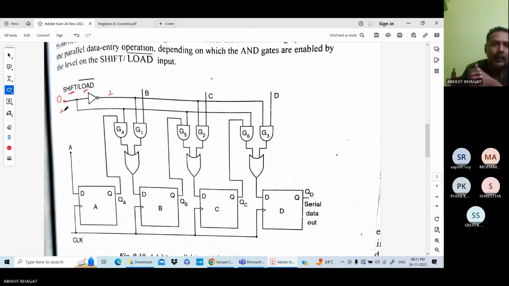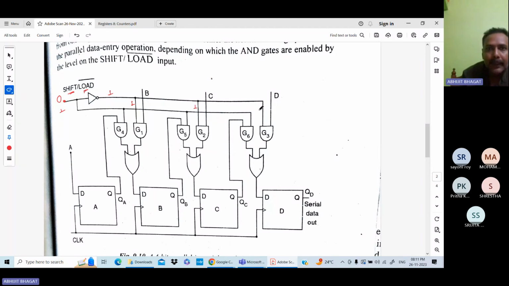ओके, तो here for the loading operation, when there is 0, at this point you are getting 1. So here 1 माने, you can see here this gate, here it is 1. This gate, here it is 1.